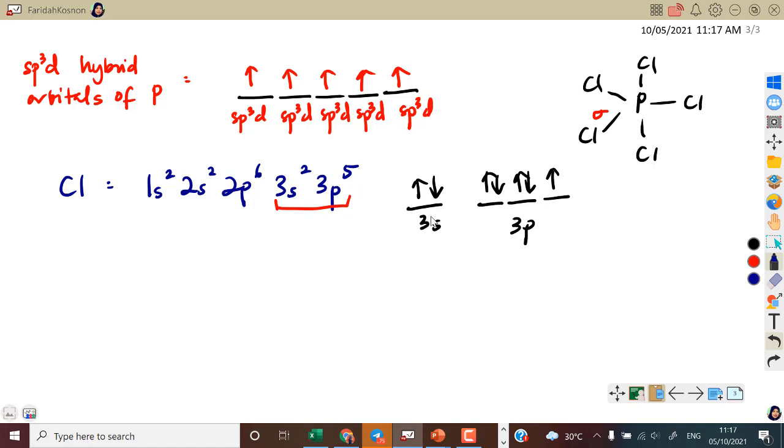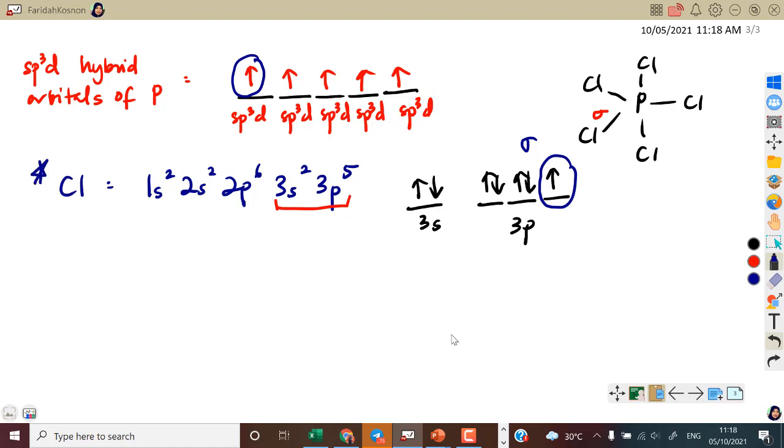Tetapi valence electron itu berada di mana? So maksudnya phosphorus akan contribute the valence electron which occupy sp3d orbitals. Okay, share dengan yang untuk chlorine yang berada pada 3p. So bila dia share, dia akan overlap menghasilkan satu sigma bond. Jadi kita perlukan lagi 4 chlorine lah. Cuma kita lukis sekali sahaja.